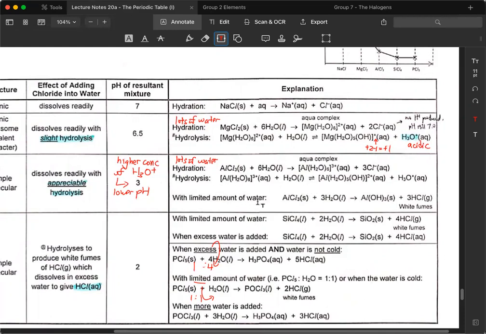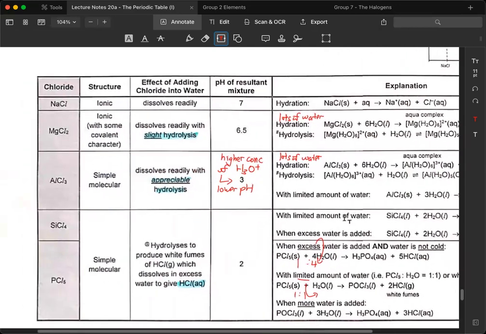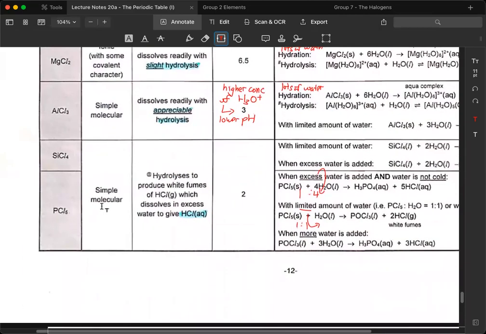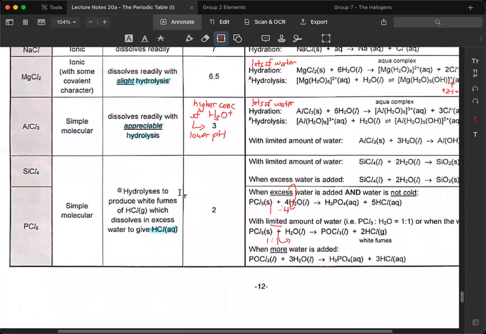However, when there's a limited amount of water, then it will just form aluminium hydroxide and release a lot of white fumes, HCl. For these two, they do undergo hydrolysis.